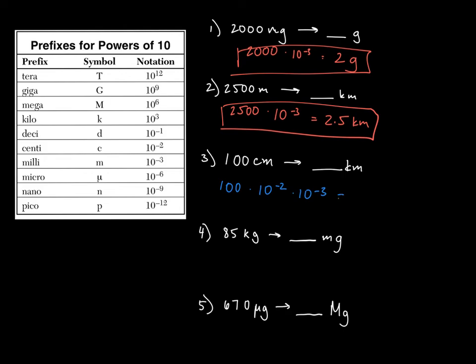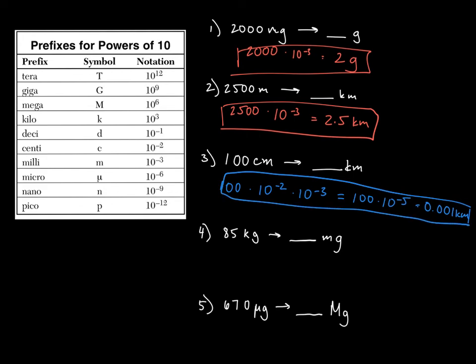So this becomes 100 times 10 to the negative 5, which is then 0.001 kilometers. Okay, it's a wombo combo move.